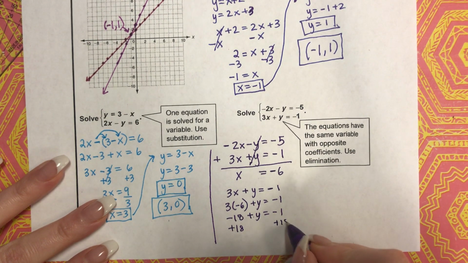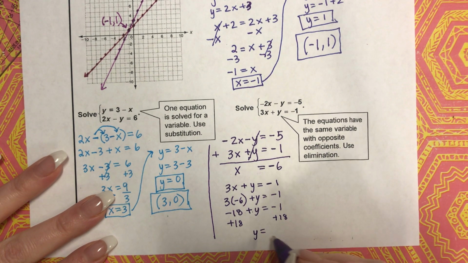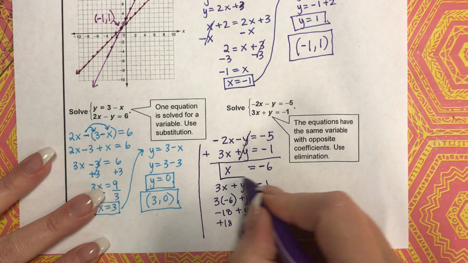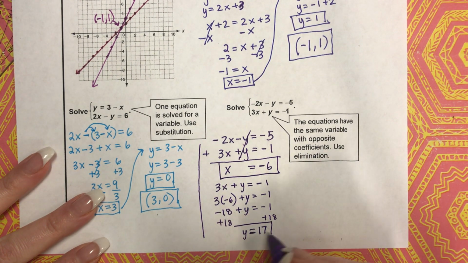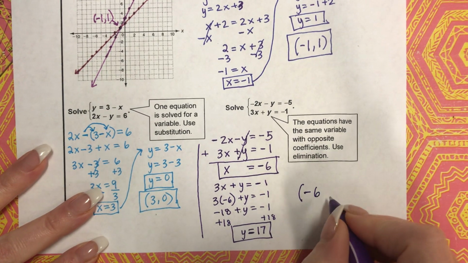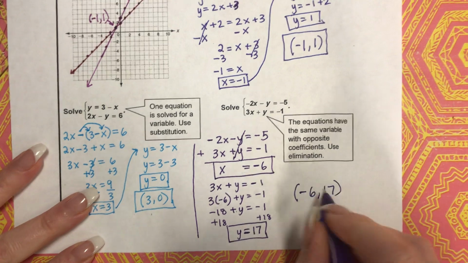Add 18 to both sides, and then there we have it. Boom shakalaka. Negative 1 plus 18 would be a positive 17. And there we have our two answers: x equals negative 6 and y equals 17. So our solution through elimination is right here.